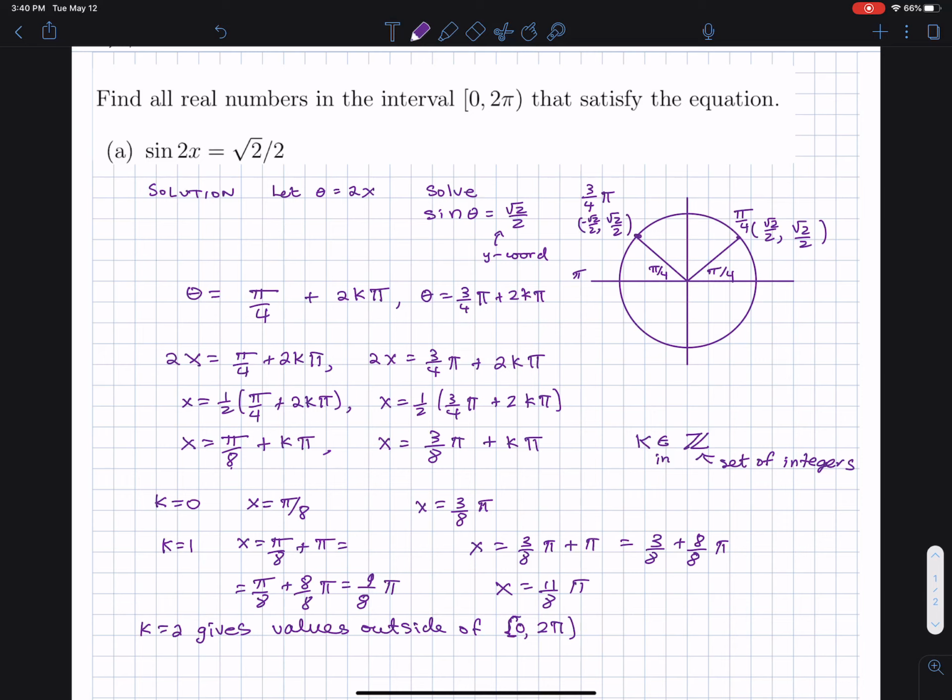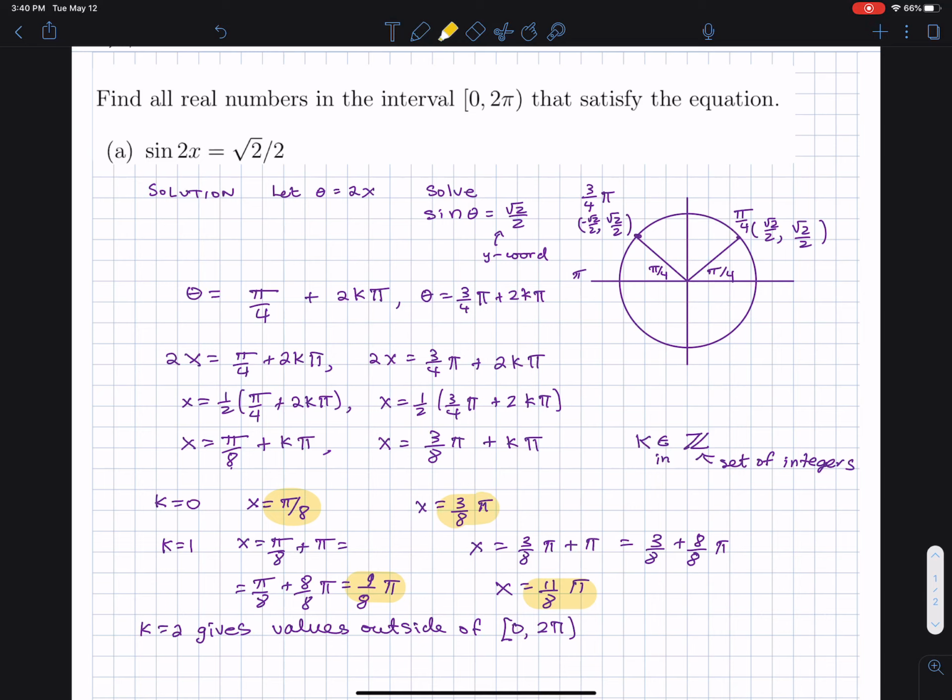So if you put in k as 2, you're going to get pi over 8 plus 2 pi, and that's outside of the interval. So these are my answers. Those are the answers right there. And that's how we get all of them.